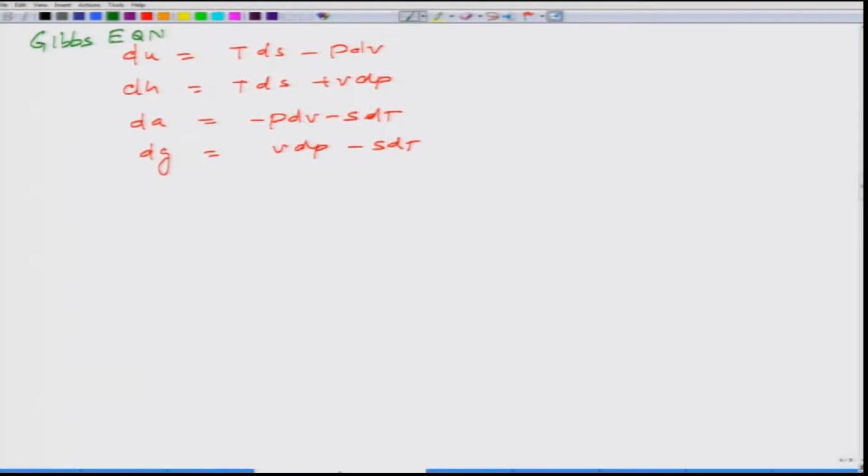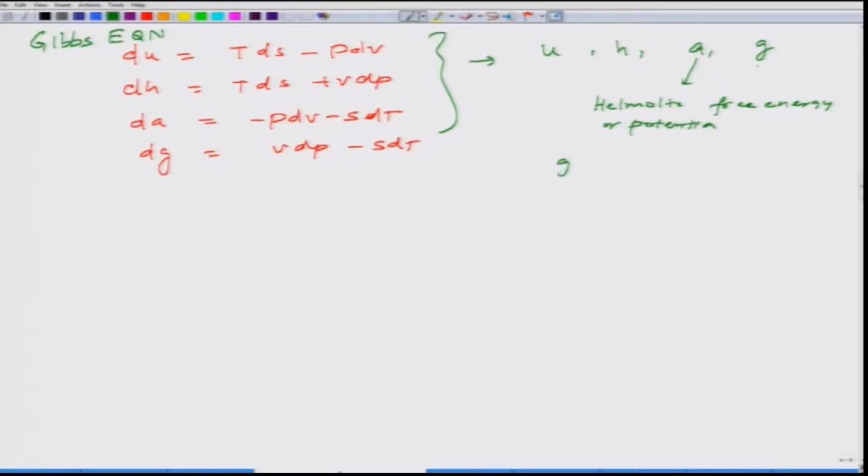Okay. And these 4 equations are nothing but the differential forms of the 4 thermodynamic functions U, H, A and G. U is internal energy, H is enthalpy, A is Helmholtz function, okay, or sometimes we call it Helmholtz free energy, or potential.